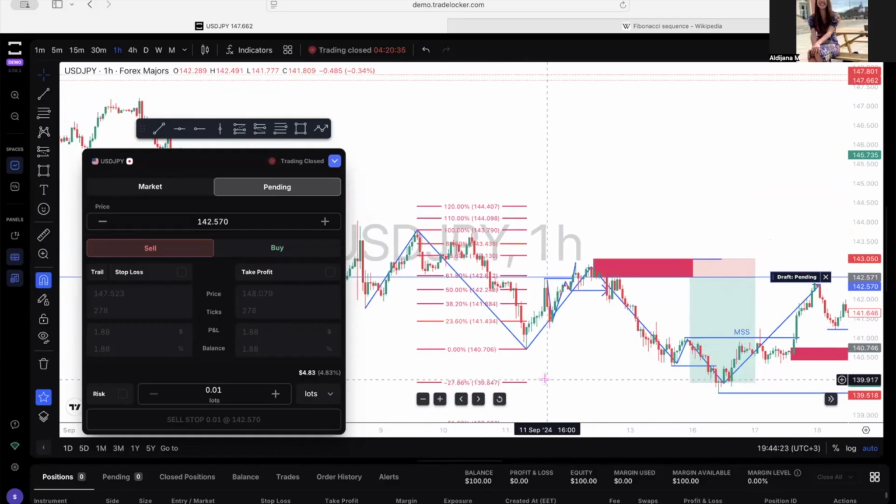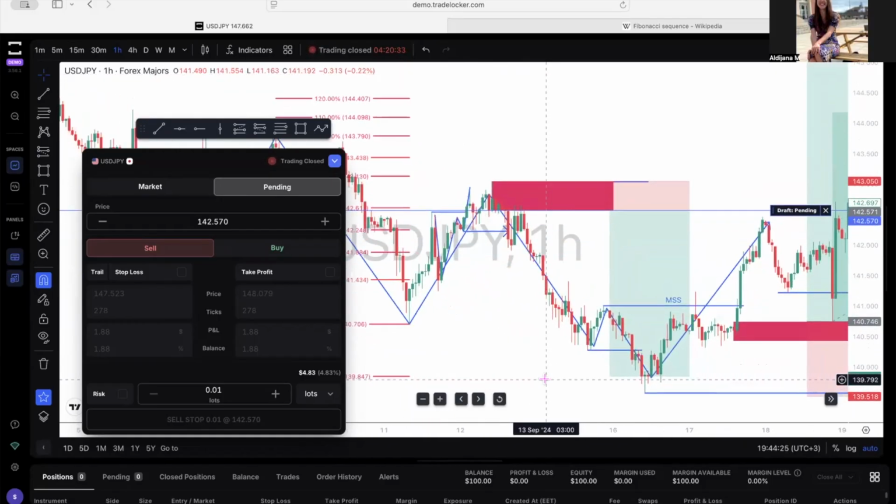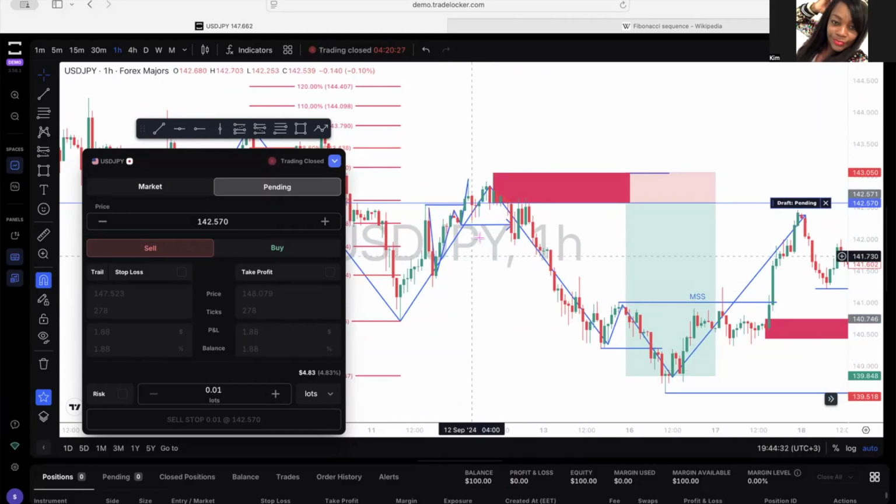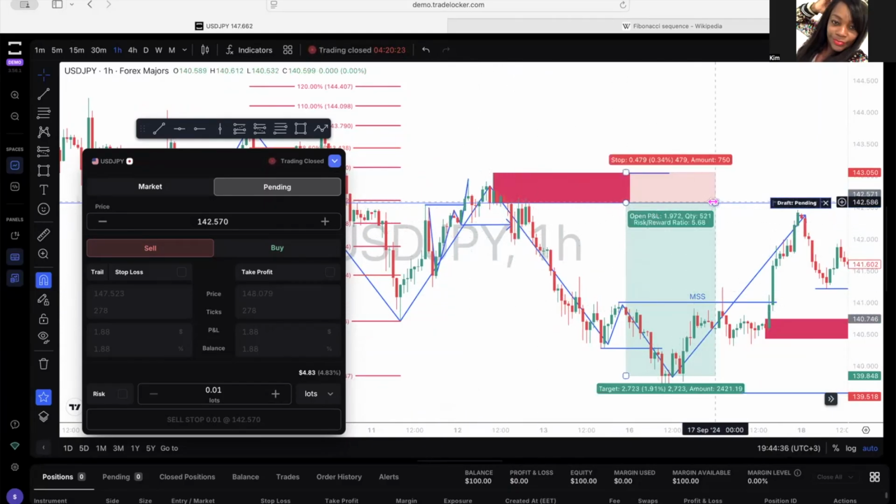Okay, so the pending limit, you set this up to enter the trade? Yes, but I set it up ahead of time. Once this shifted, I set this limit and I go about my business. I set the stop loss above the high. So what does that mean?